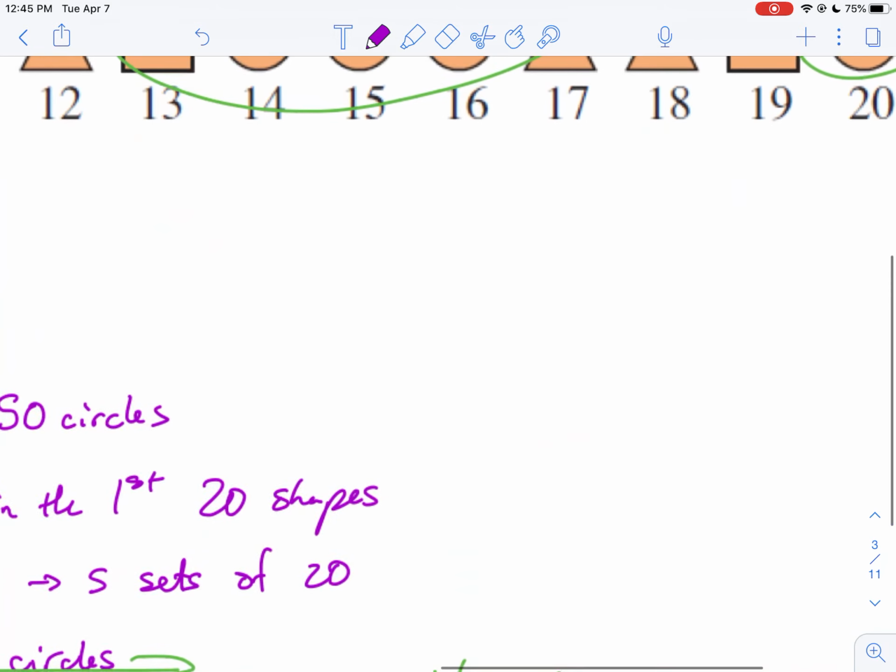All right, let's take a look at the last student's thinking, Kayla. Kayla's answer is that there are 50 circles, so just like Robert. She got the same answer as Robert, but thought in a different way. The pattern repeats in sets of 6, and 3 of those 6 are circles.